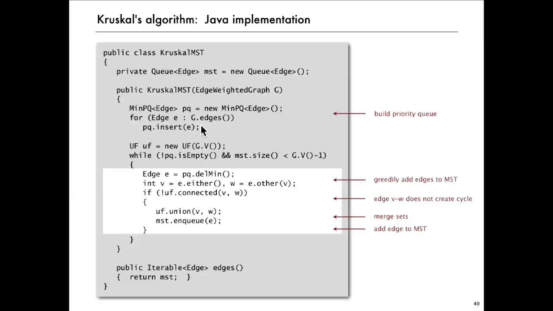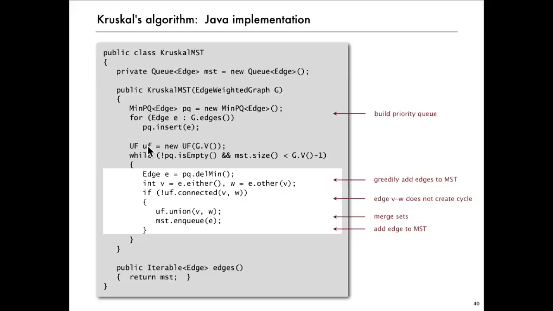Alternatively, we could put the edges in an array and sort the array, but a priority queue is a more elegant way to express this, and it is a way to look at more efficient algorithms as well. Okay, so that's the priority queue, the first data structure from part 1 that we're going to make use of. And then the second one is the union find data structure.